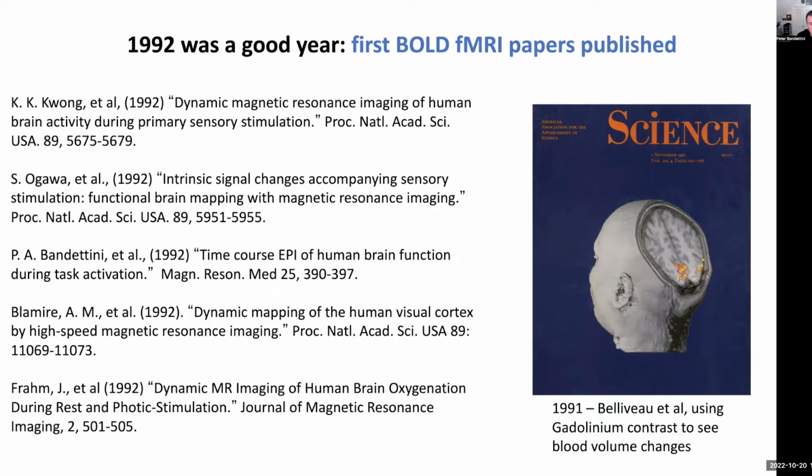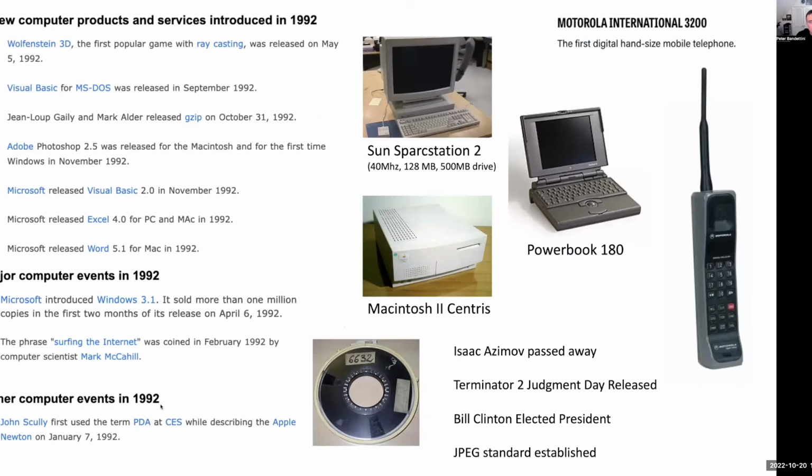And without getting into too much history, just to give you a perspective of what 1992 was like, this is just some things that might jog some of our memories, but some of you maybe weren't born then. I did all my analysis on a Sun SPARCstation 2. And by then, just the first PowerBooks were coming out.